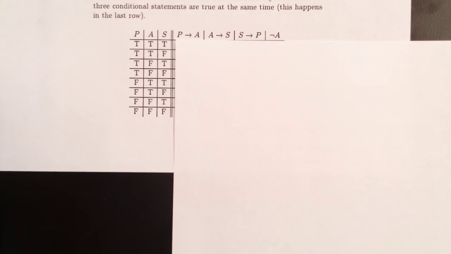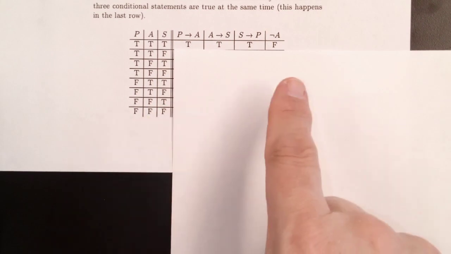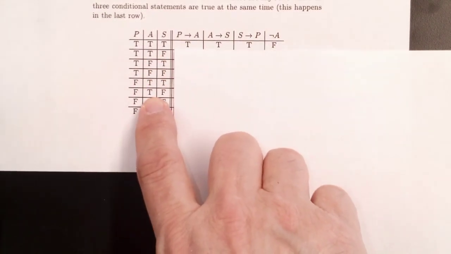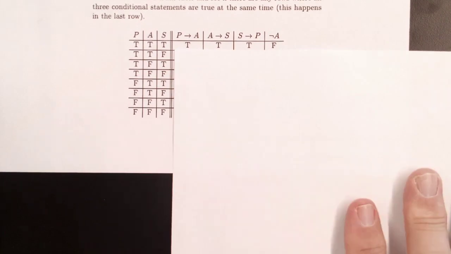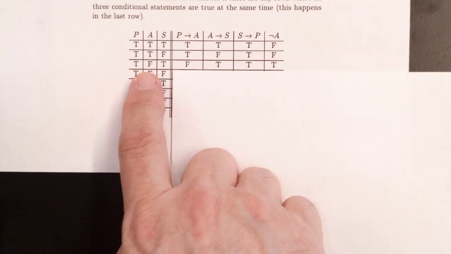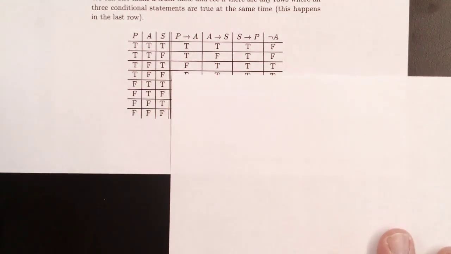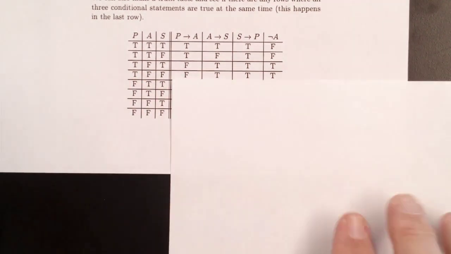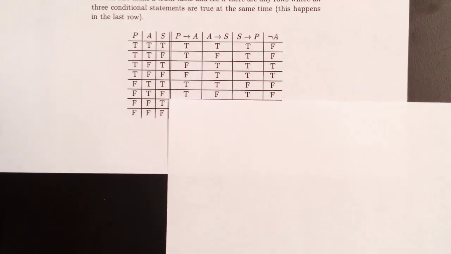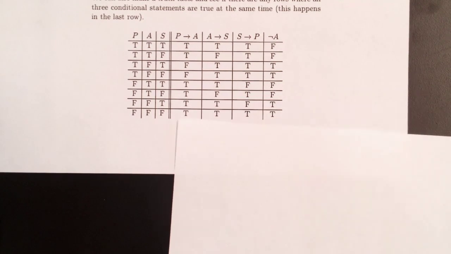So I start filling all this out. Well, that's not going to work. If A is true, well, then not A is false. As a matter of fact, that gives me 1, 2, 3, 4 right away, yeah? So really, I should only worry about these 2. No, we screwed up there. P arrow A, T arrow F. That's not going to work. Same thing here. Now I'm starting to worry, but there we go.